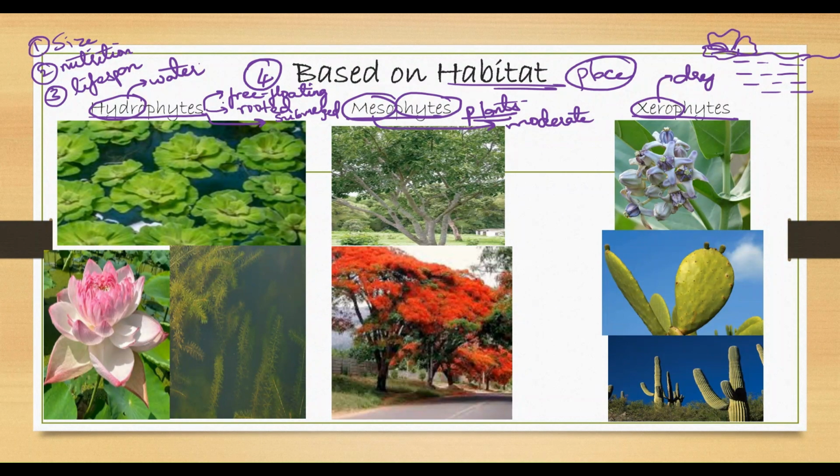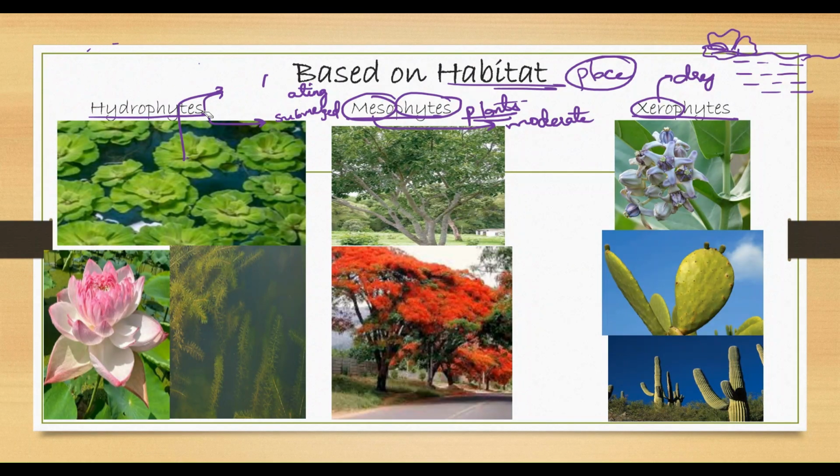Example is Pistia. So we are talking about free floating hydrophytes, those hydrophytes which float on the water body. Example is Pistia. And then we have rooted hydrophytes.